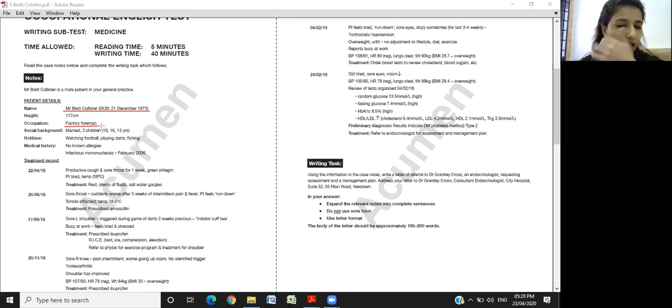So maybe I would write the occupation, but that doesn't have anything to do with diabetes. Yes, that's correct. The only thing is when you are introducing a new patient to them, it's a formality that you tell them who they are basically. So just a short sentence. You wouldn't say he is a factory foreman, but in the introduction paragraph, probably there you could write Mr. Collister, a factory foreman, who is. So that is how you can include that.